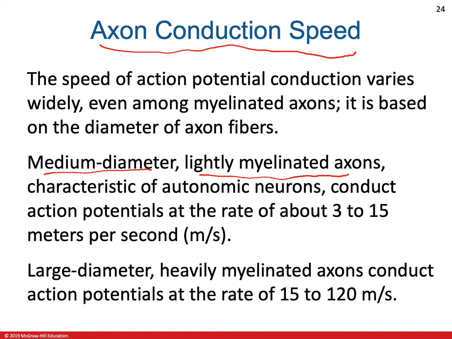While large diameter, heavily myelinated axons with many myelin sheaths conduct action potentials at a rate of 15 to 120 meters per second. So it is much faster compared to medium diameter.